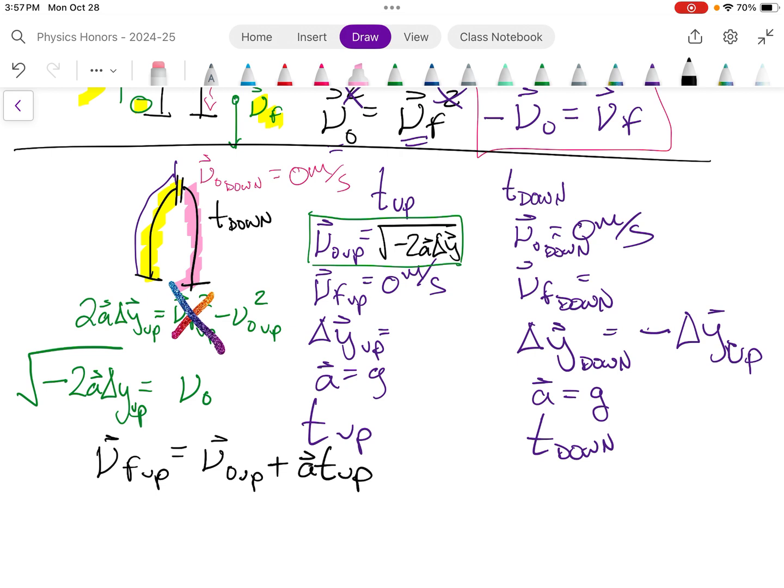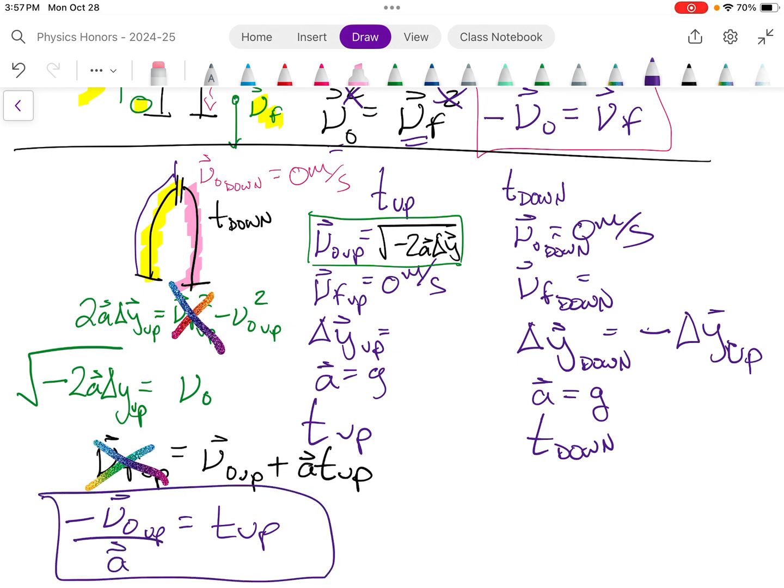And what you'll notice here, oh, I love a good 0, and we end up with time on the way up is equal to negative vo up over the acceleration. So if we can show that time on the way down is equal to that same thing, then we are golden. So let's do it. We got that same old equation. Let's use that same exact one.